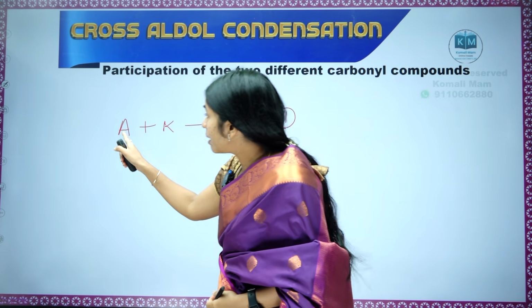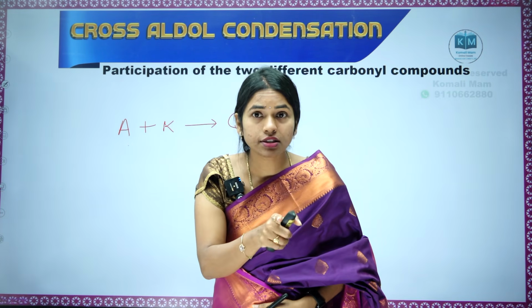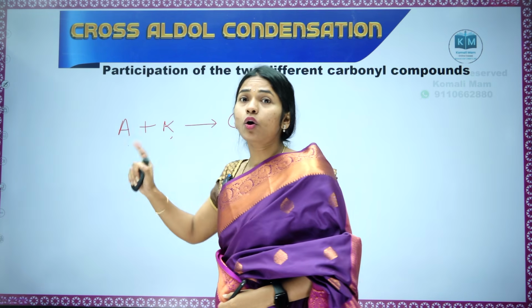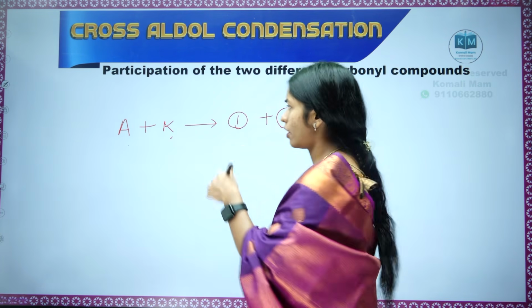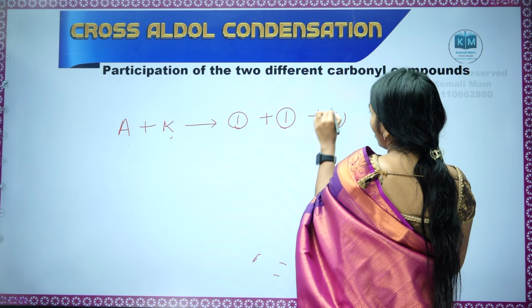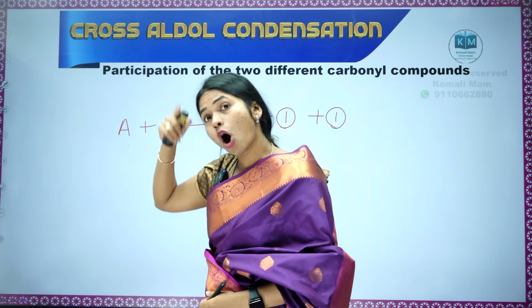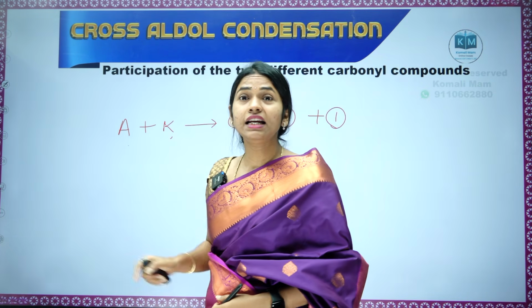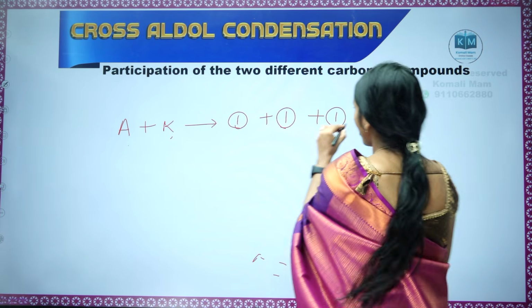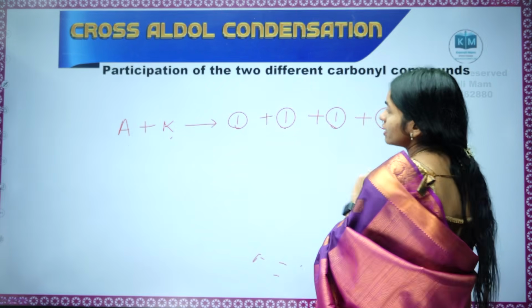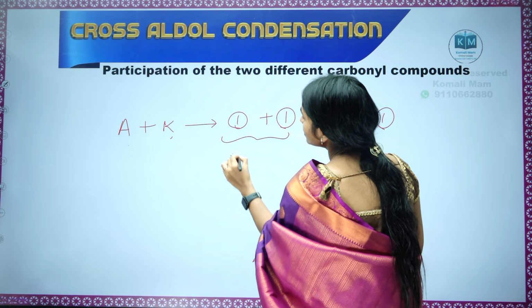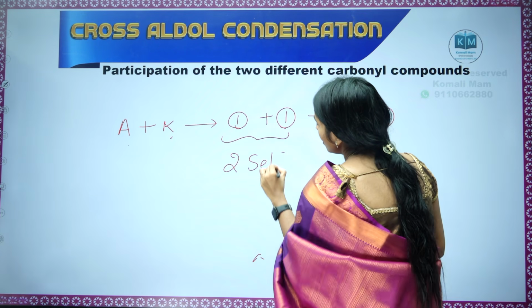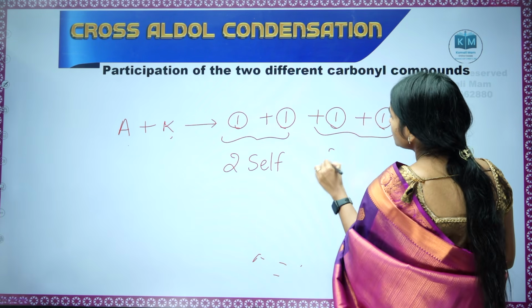Next, from this aldehyde remove oxygen, from this ketone remove hydrogens, one product. From this ketone oxygen, from this aldehyde hydrogens, one product. So, total 4 products. Out of 4 products, 2 are self products and 2 are cross products.